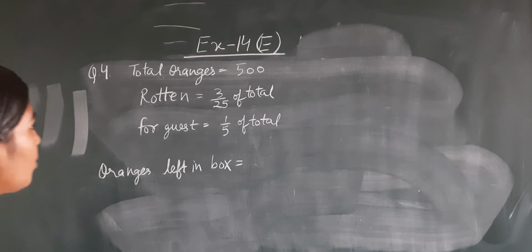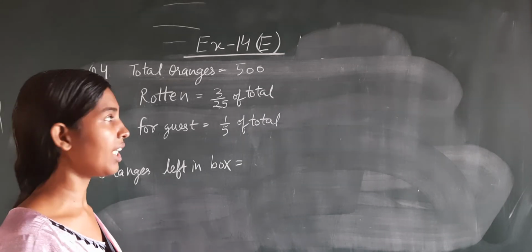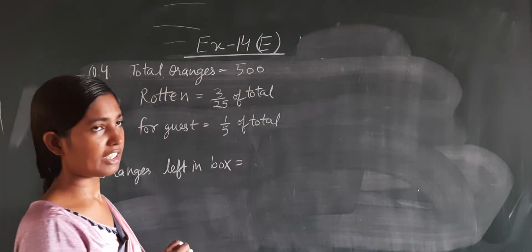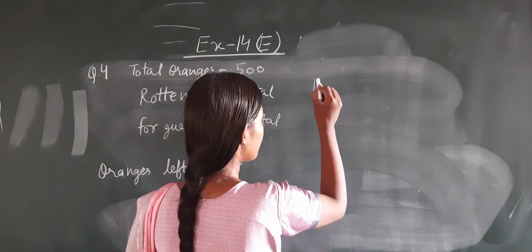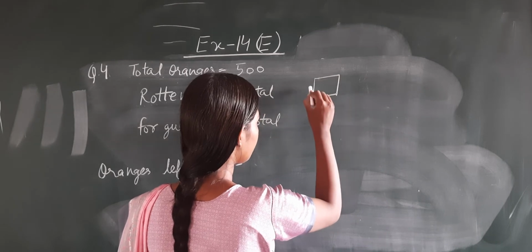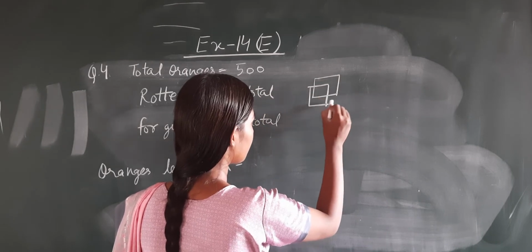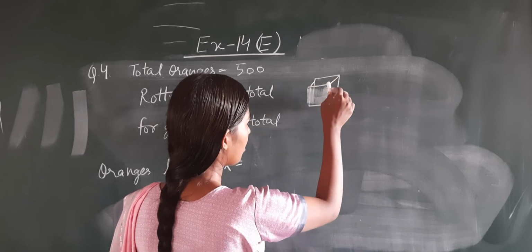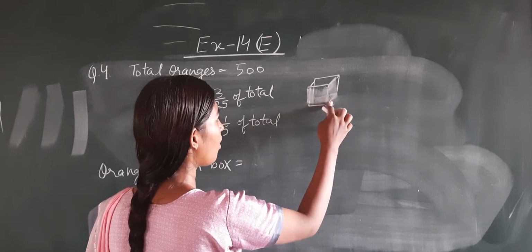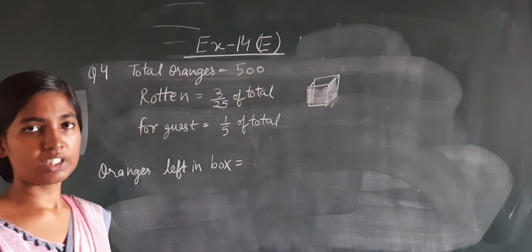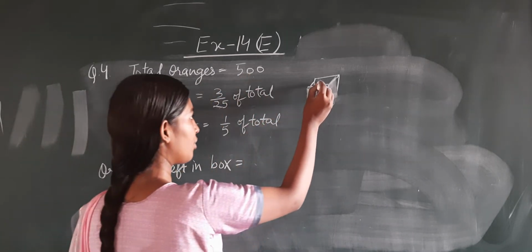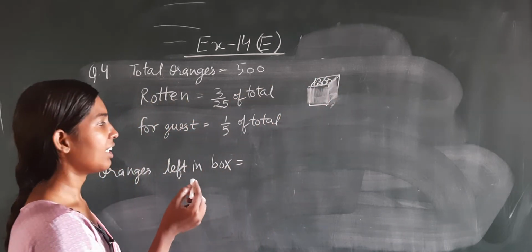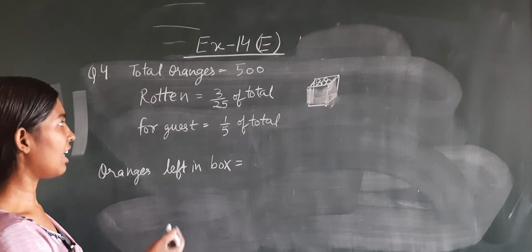Now question number 4. What is it saying in question number 4? That there is a box. In that box 500 oranges are kept. Okay, suppose here is a box, and in this box 500 total oranges are kept, and out of those 500 oranges, what is happening? 3/25 oranges are rotten.